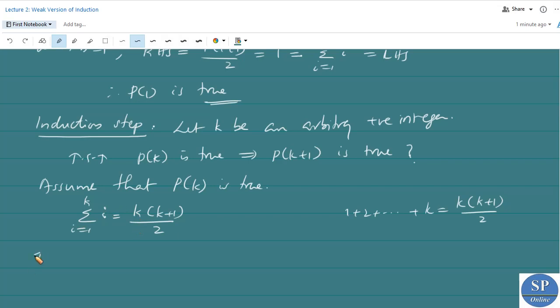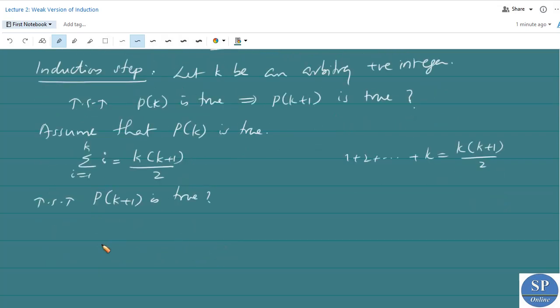Now to show that P of k plus 1 is true, that is to show that P of k plus 1 is summation i from 1 to k plus 1, i is equal to k plus 1 into k plus 1 plus 1, that is k plus 2, divided by 2. That is replacing k by k plus 1.